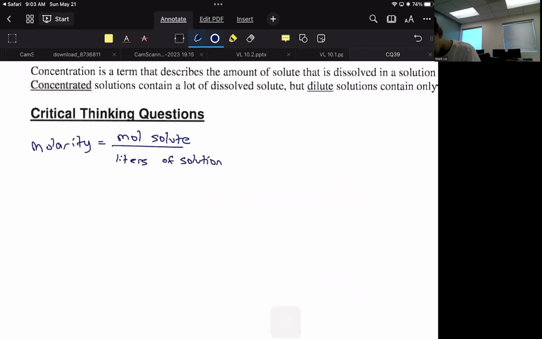And then molality is moles of solute over kilograms of solvent.